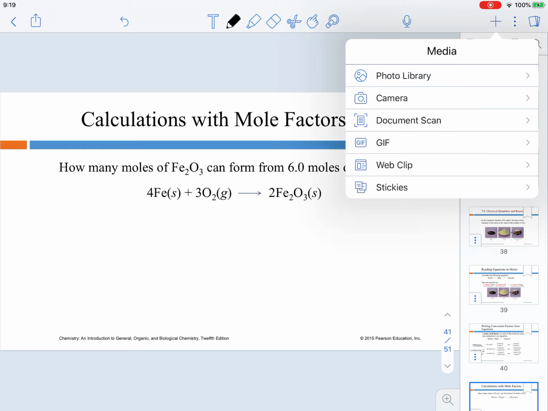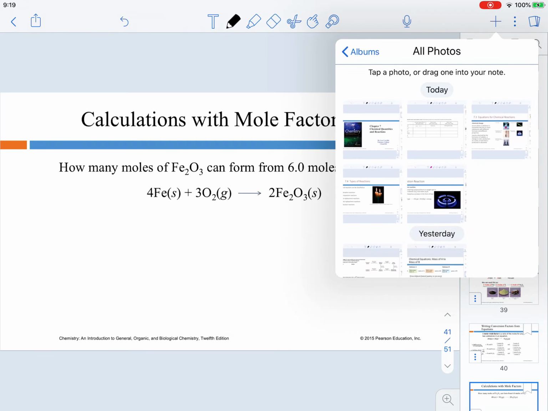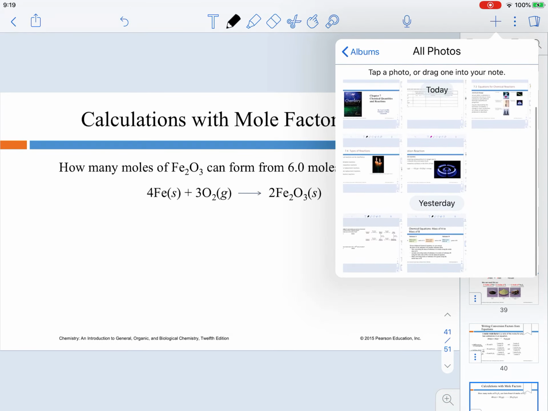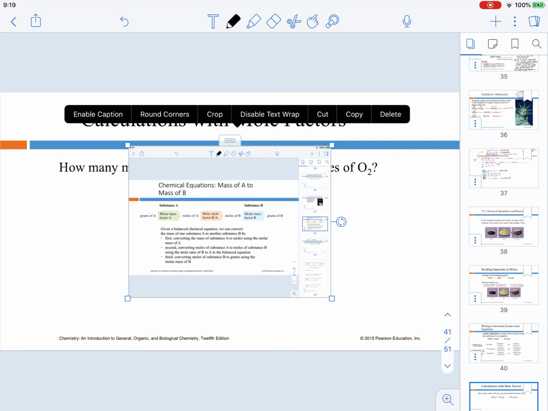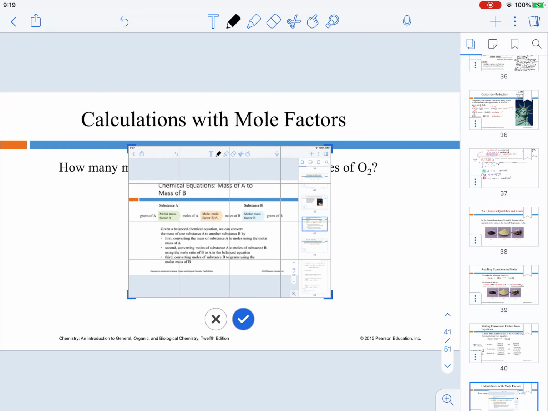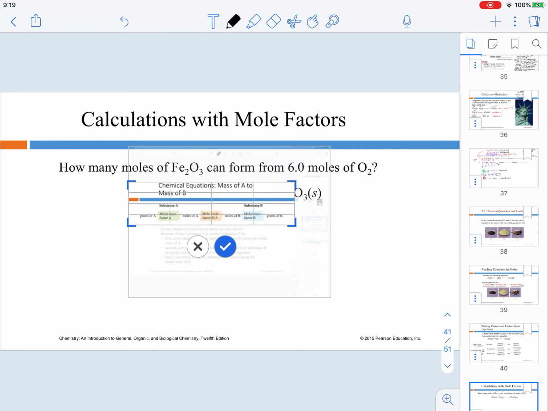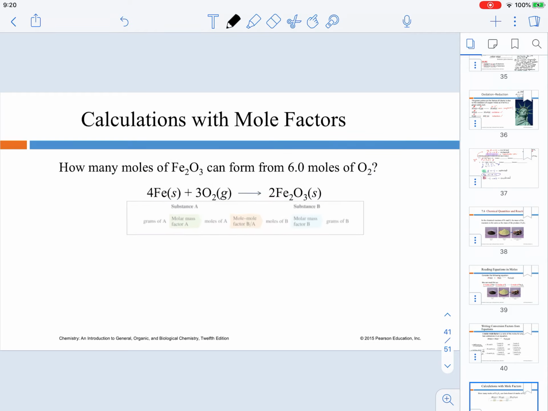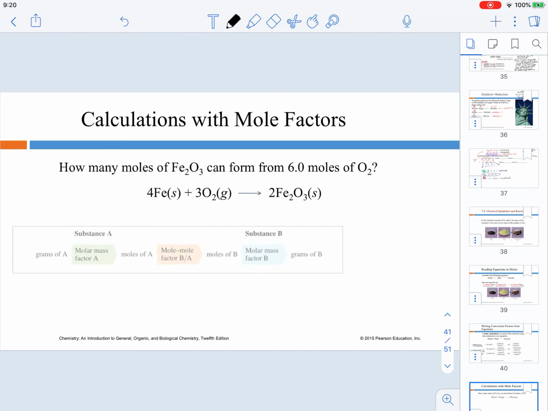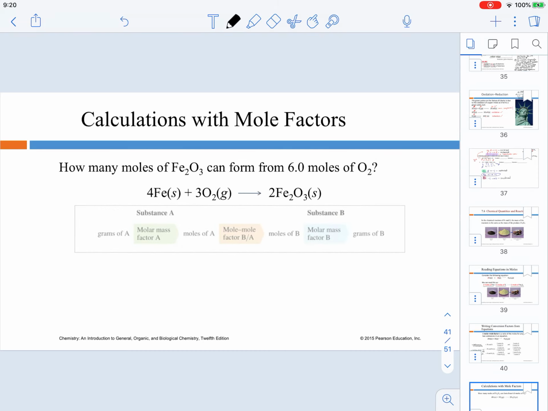Now, I am going to be introducing the flow chart that you're going to be utilizing when we are going to be doing these problems. So when it comes to chemical quantities and reactions, this is the flow chart that we're going to be utilizing. We're just going to make it larger and place it right here in the slide.